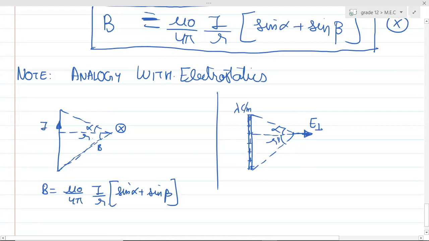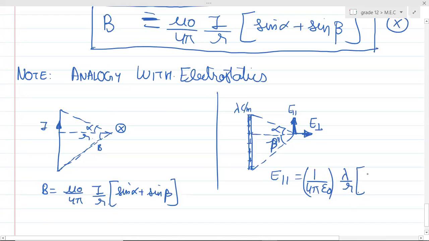Always remember, E parallel was always towards the shorter side. What was the formula for E parallel and E perpendicular? Does anyone remember? E parallel was K lambda by R. Well, what was K? 1 by 4 pi epsilon naught. K lambda by R.